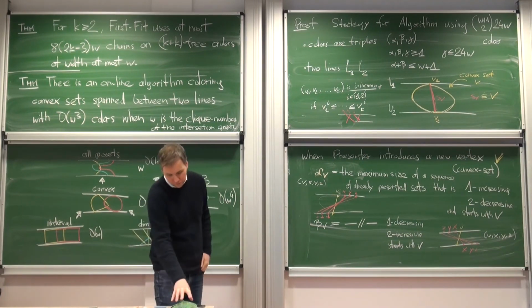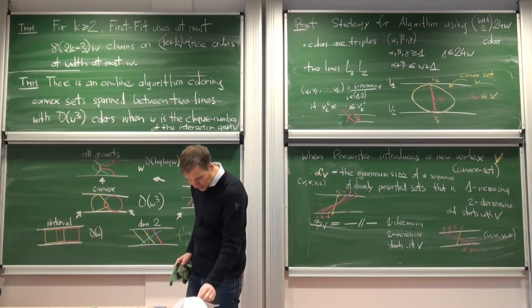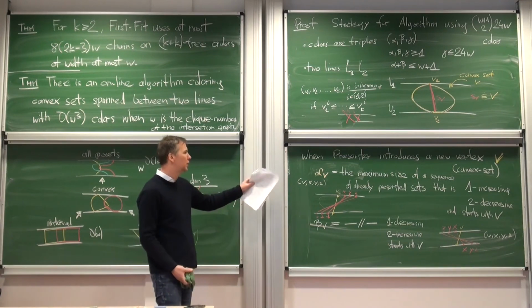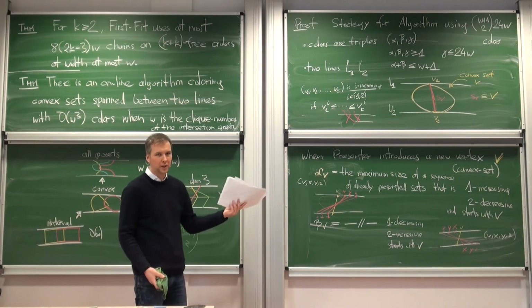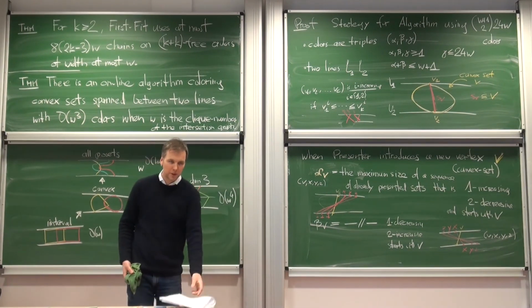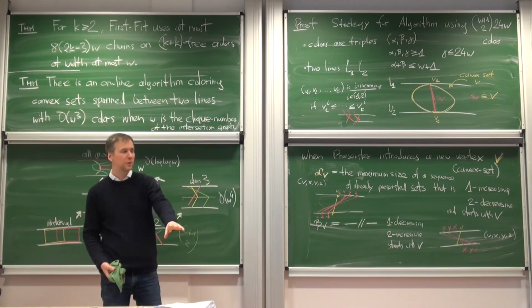Given that, the algorithm is putting this new vertex, or convex set if you like, into a box named alpha V, beta V. It's recognized as alpha V, beta V, and put into the box with that name.